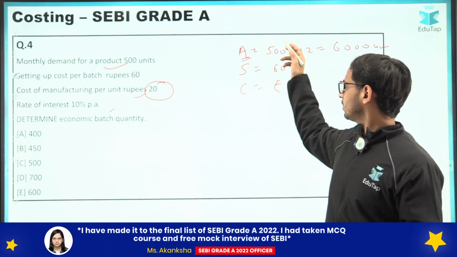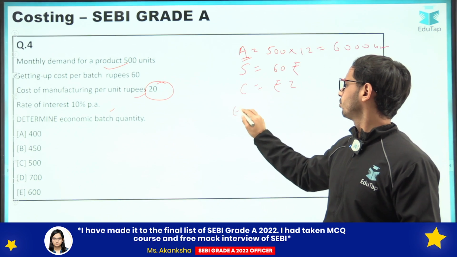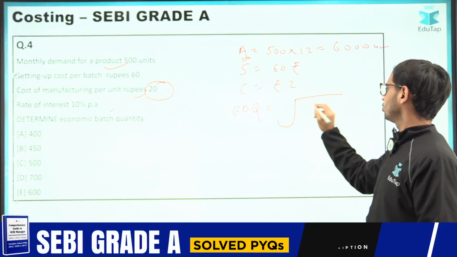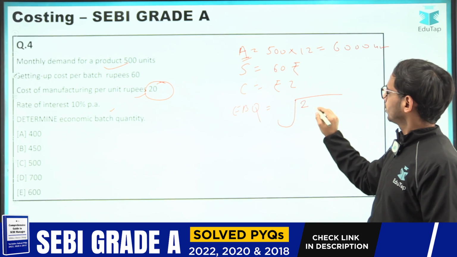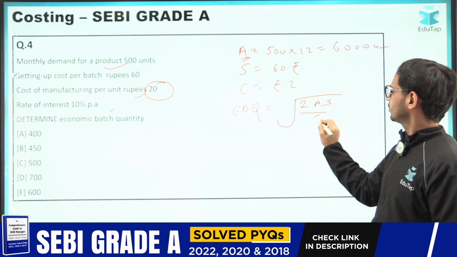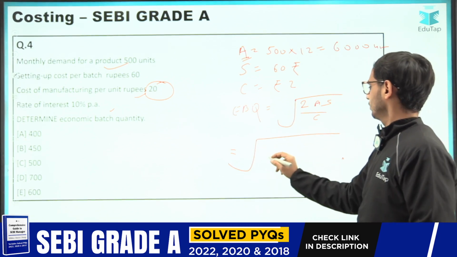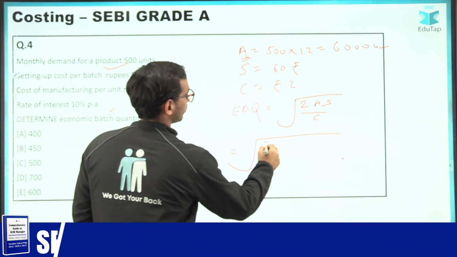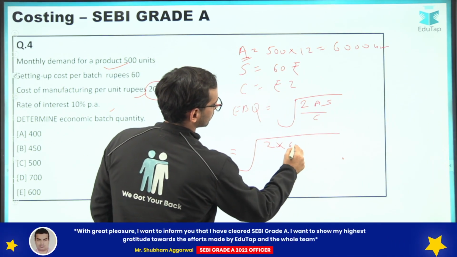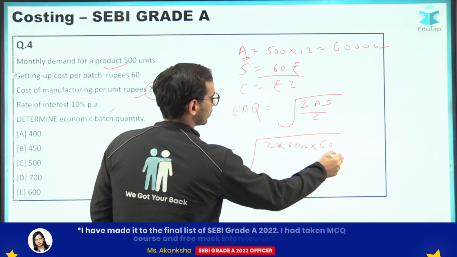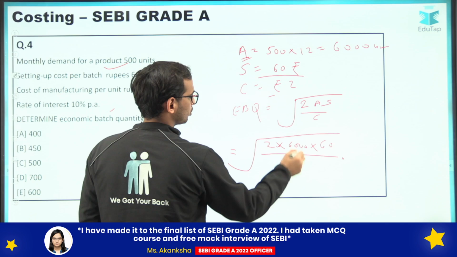Now you have to put these quantities in the formula, and the formula I have already given you, that EBQ is the square root of 2, and we have A, we have S, we have C. It will be what? 2 into 6,000 into setting up cost 60, carrying cost is 2 rupees.